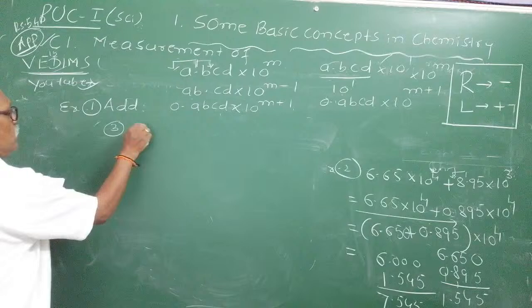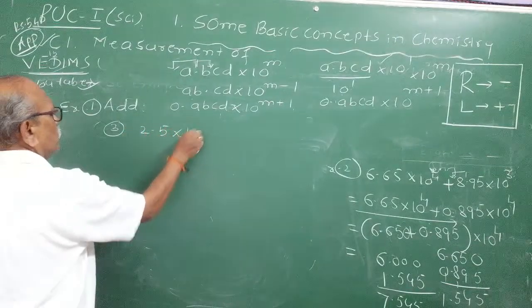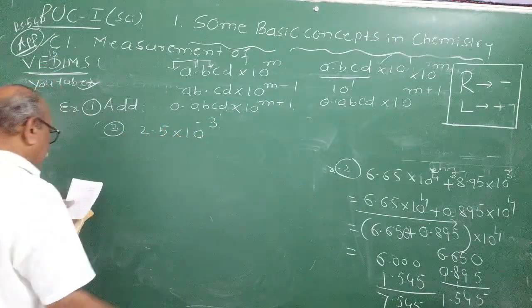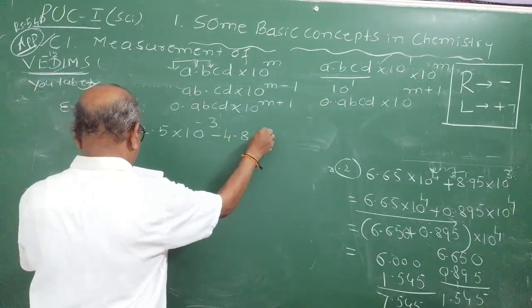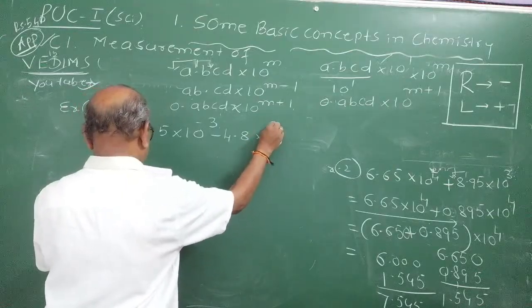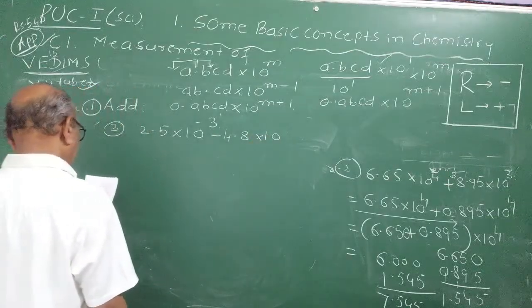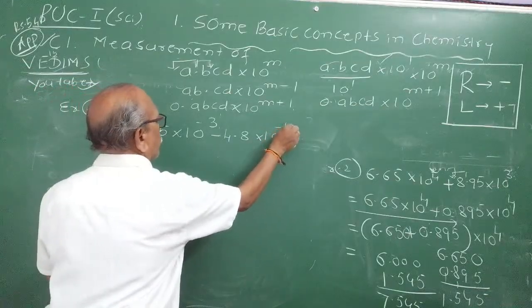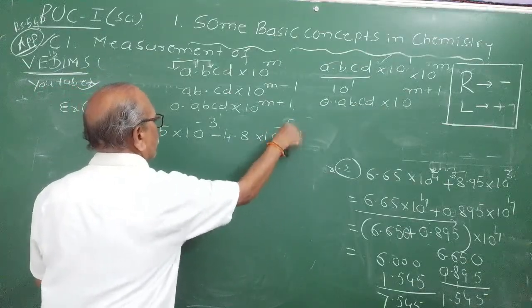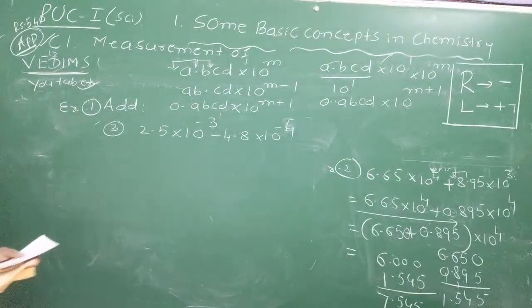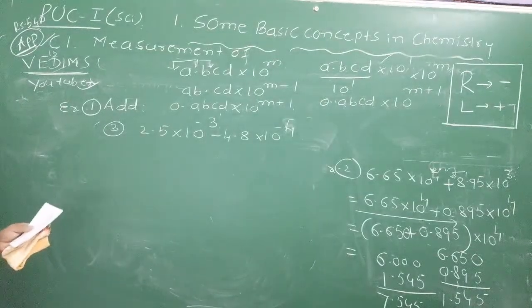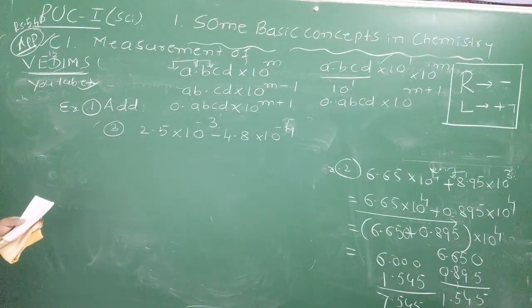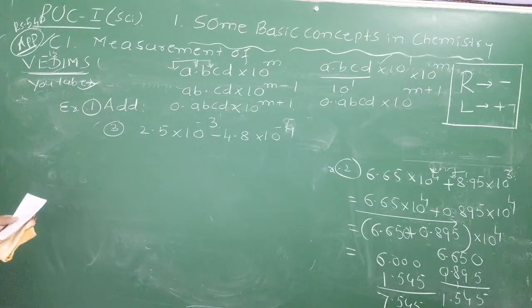Try this one. 2.5 into 10 raised to minus 3, minus 4.8 into 10 raised to minus 4. Now to make the subtraction of this, okay, how can you subtract it?